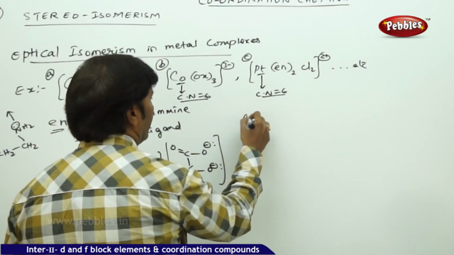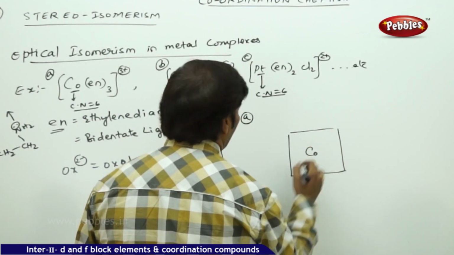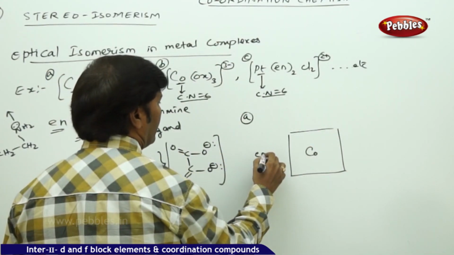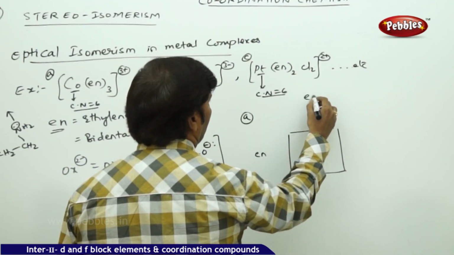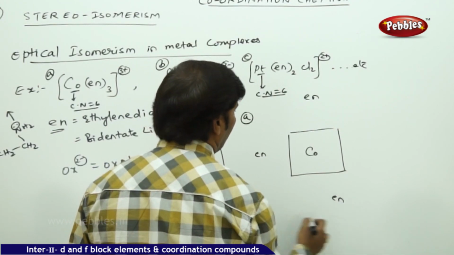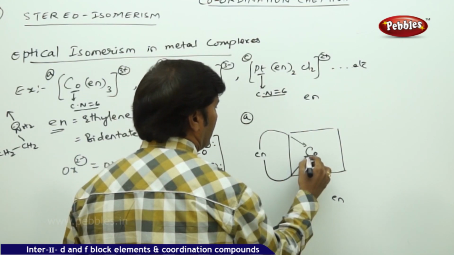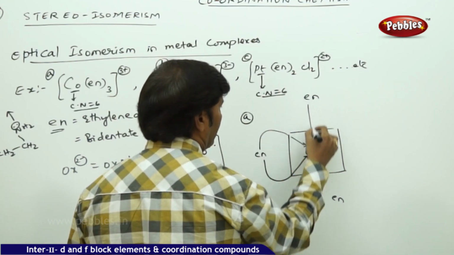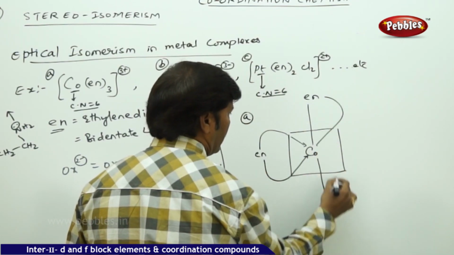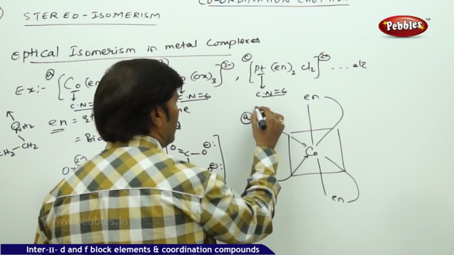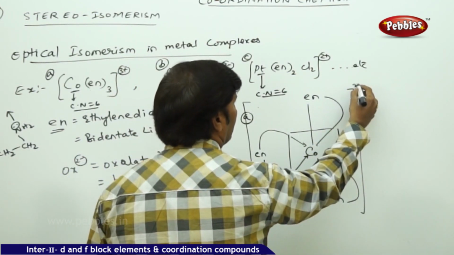So go with respect to A, so directly I am taking the cobalt, and here you mark one ethylene diamine molecule, here one ethylene diamine molecule, and here one ethylene diamine molecule. Here this is one coordinate covalent bond, this is one more, and this is another coordinate covalent bond, and this is going to become 3+.